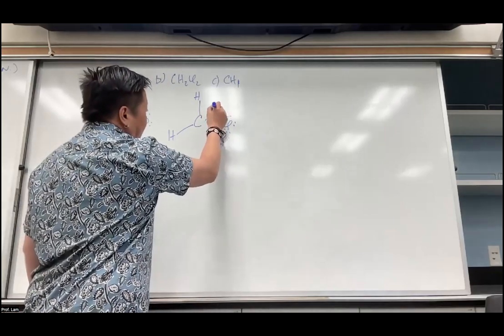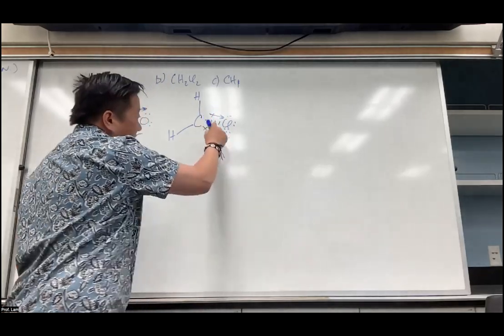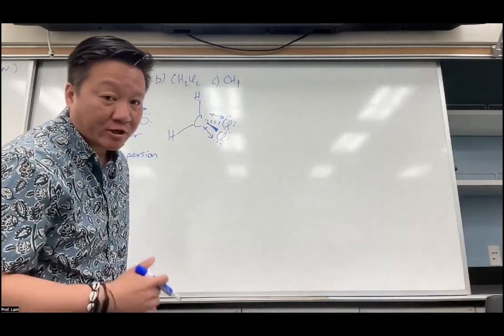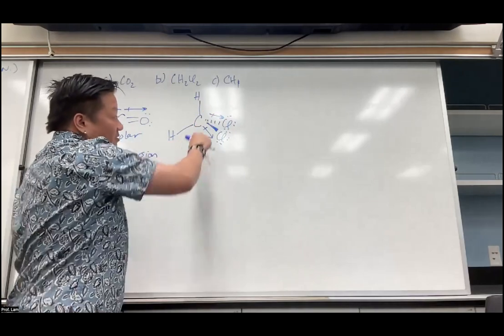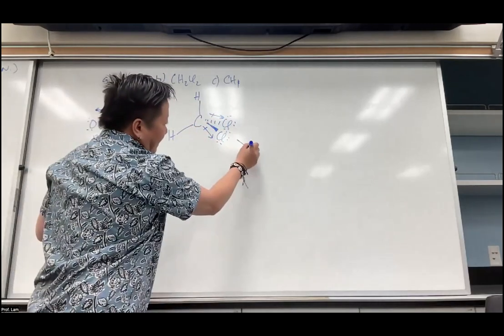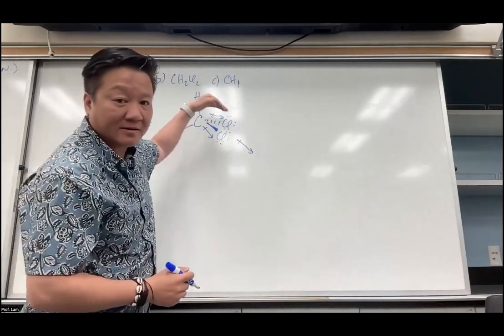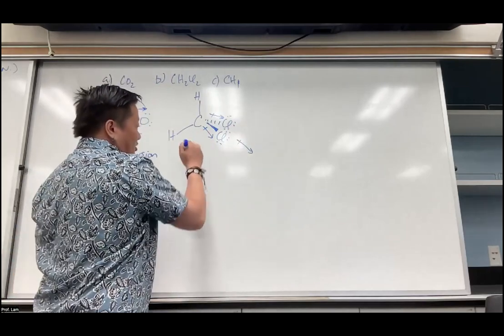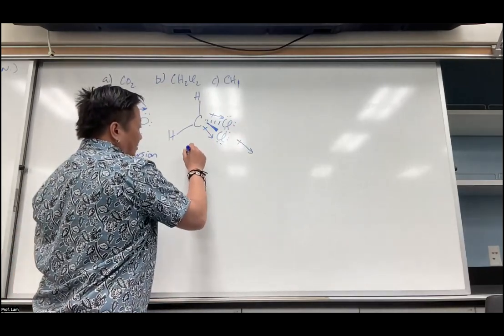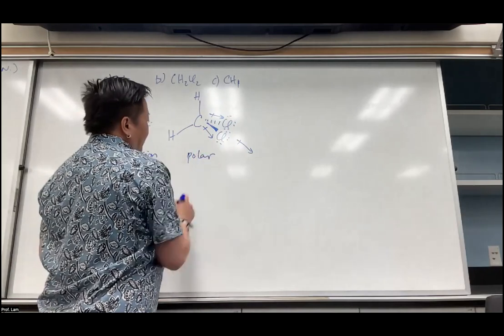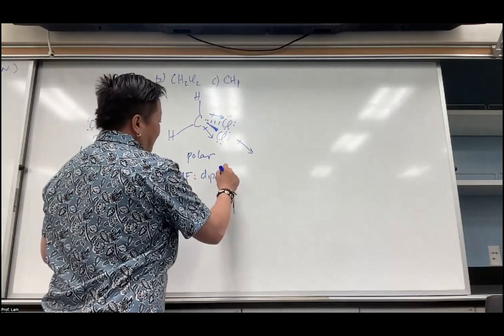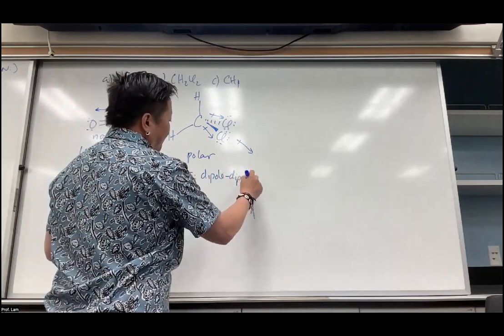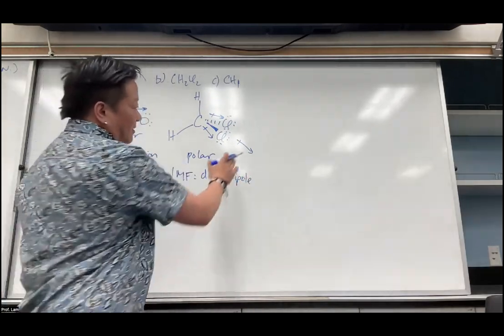I should do it for the Cl bonds, and it would point towards chlorine, because chlorine is more electronegative than carbon. These arrows are both pointing this way, right? The net is that way. So it's polar. And if it's polar, its IMF is dipole.